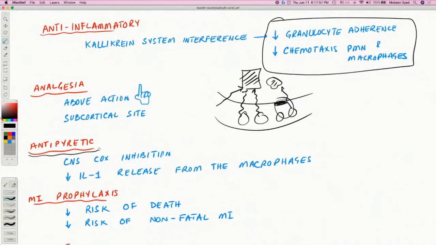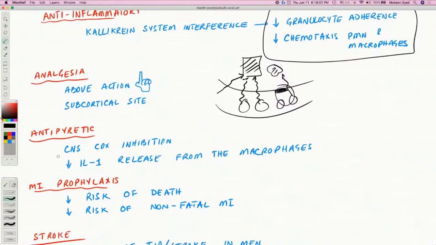Then it is anti-pyretic as well, that is, it takes care of the fever. And how does it do that? It goes in the central nervous system and suppresses the cyclooxygenases over there as well, which causes less arachidonic acid and leukotrienes and prostaglandins to be formed, which also reduces the pain, the fever, and more importantly, interleukin-1 release.